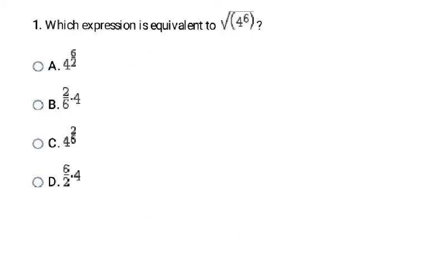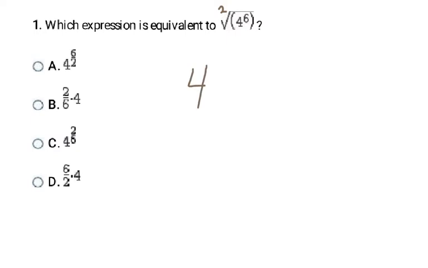Looking at this first question, it wants me to take it from a radical to a term that has fractional exponents. This is a square root, so my index is an invisible 2. The 4 is what's underneath the radical symbol.